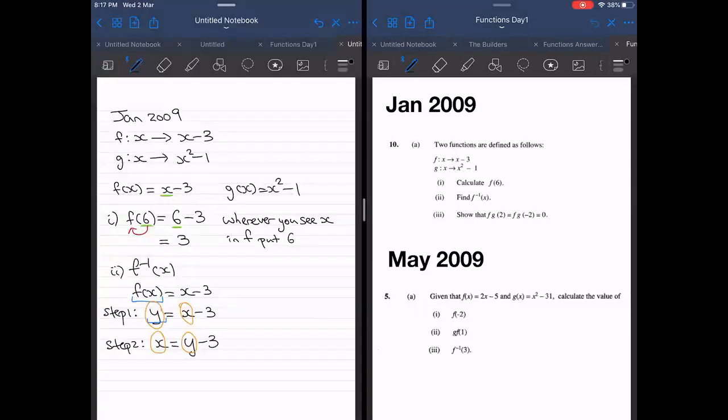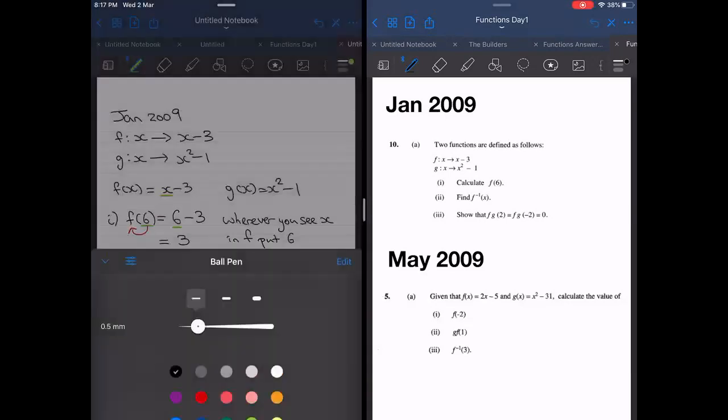So step 1, you replace f of x with y. Step 2, interchange your x's and your y's. And then step 3, solve for the new y. So if we have x is equal to y minus 3, this one is pretty simple.